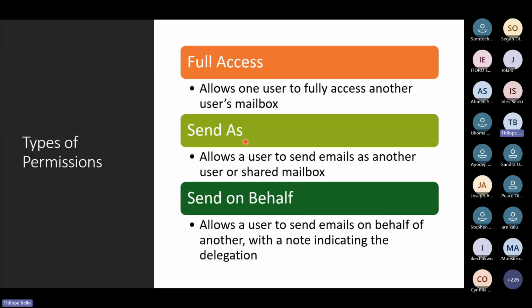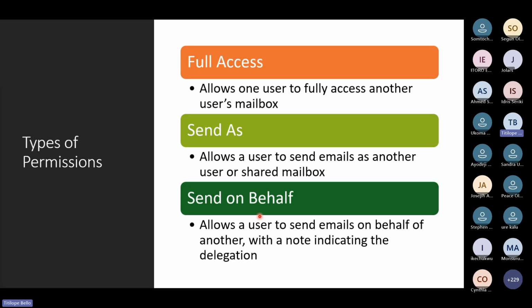What people are seeing is the MD's email address as the sender, right? So this send as permission allows you, the PA, to send email as your MD, or as a shared mailbox, like the shared mailbox of the employee that left. So when people see the mail, they will think the owner of the mailbox sent the email directly by himself or herself.